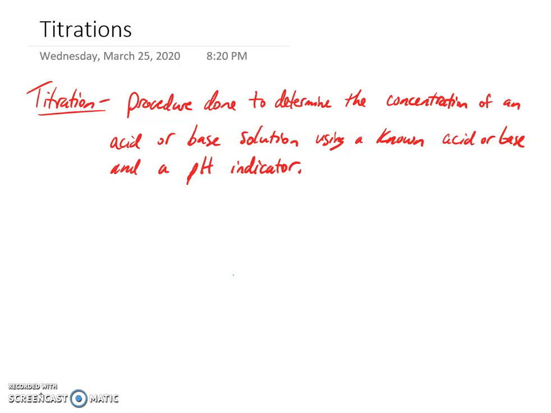So titration is a procedure. We're trying to figure out the concentration of a solution, and we're going to use the help of something called a pH indicator. So first of all, we have to talk about what pH is.